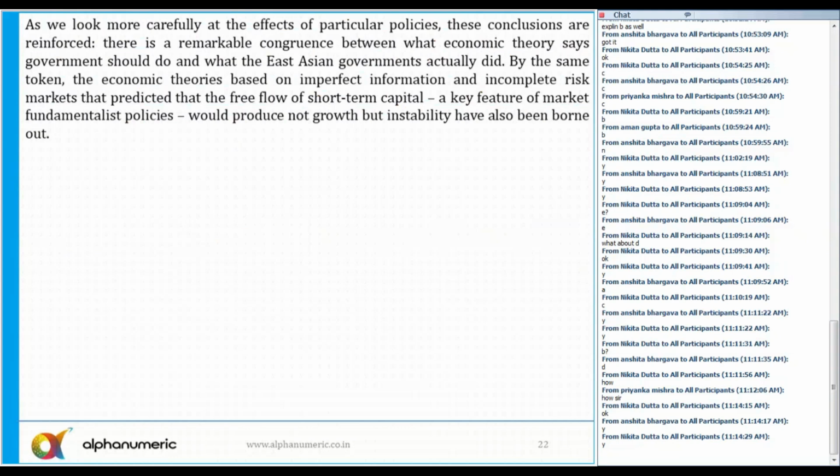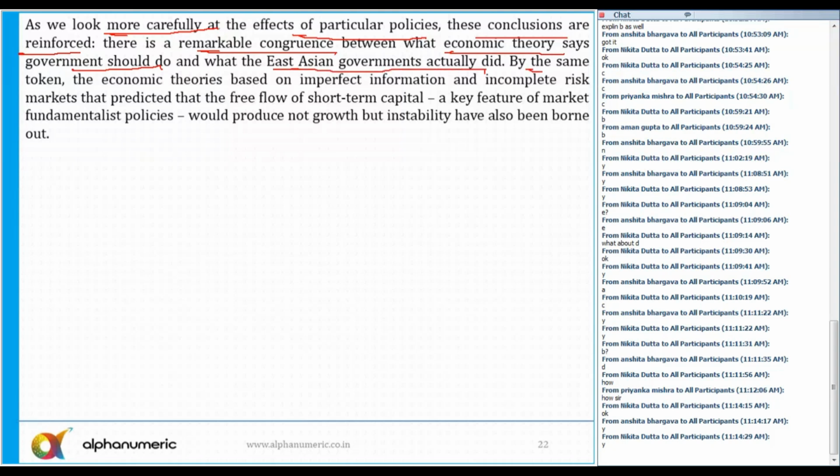Based on this understanding, he then tells you, as you look more carefully at the effects of particular policies, these conclusions are reinforced. There is a remarkable congruence between what economic theory says governments should do and what the governments are actually doing in Asia.